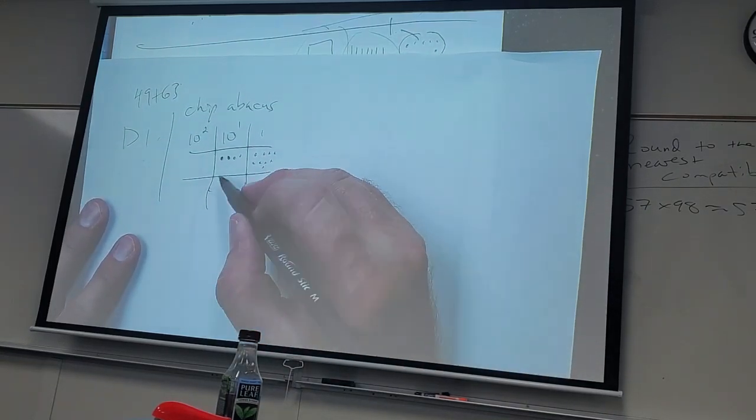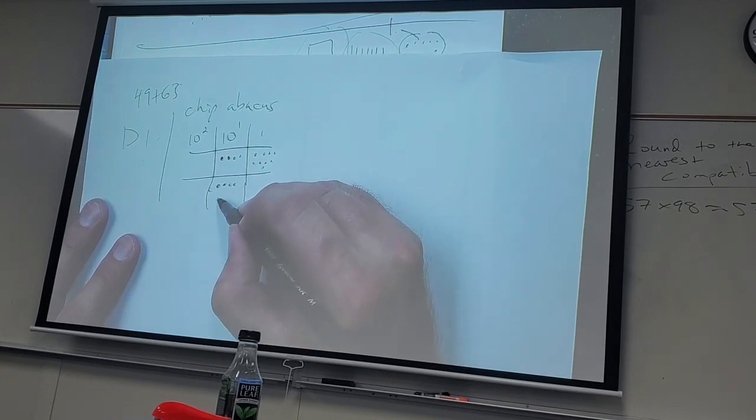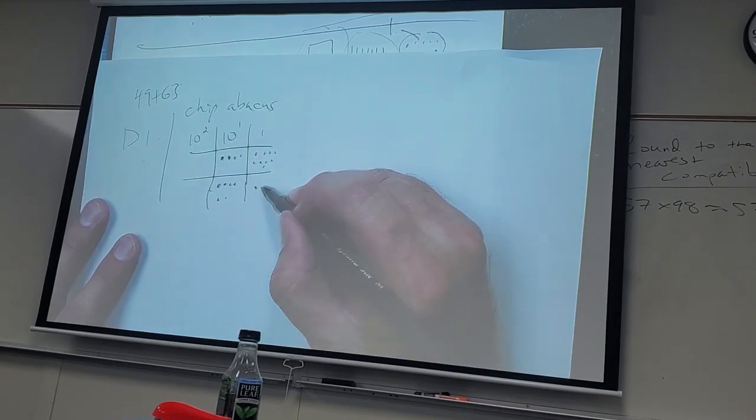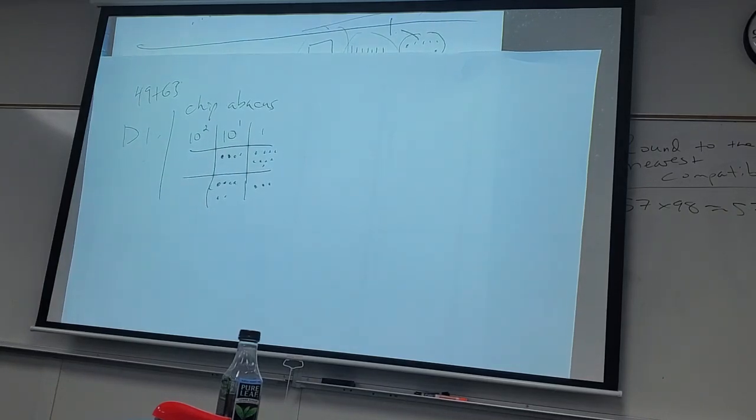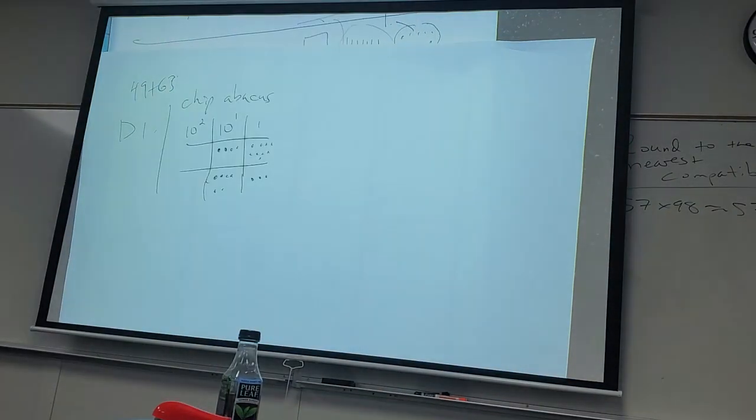And then I'll put 6 chips there, and then 3, and that's 63. Now, real quick, you can start to see these are visually distinct. I know exactly what place I'm in when I just see the shape, correct?